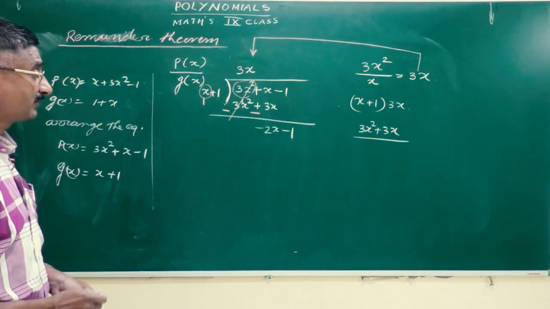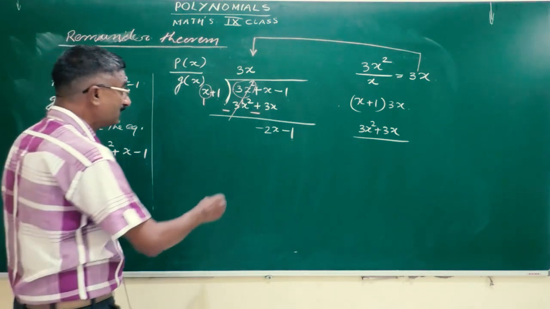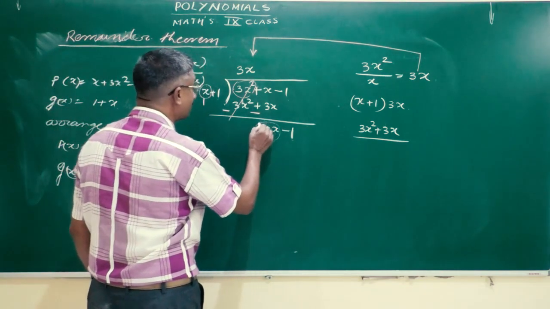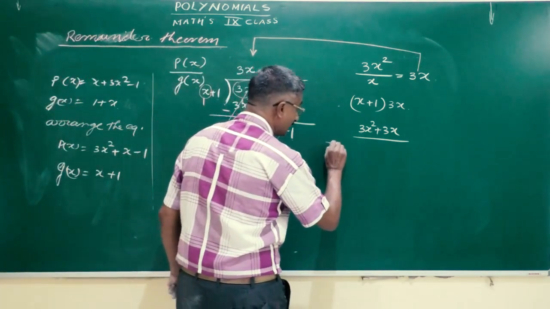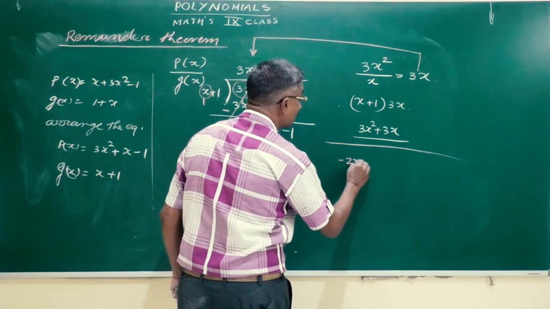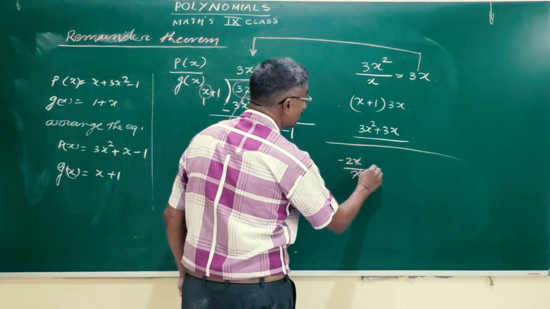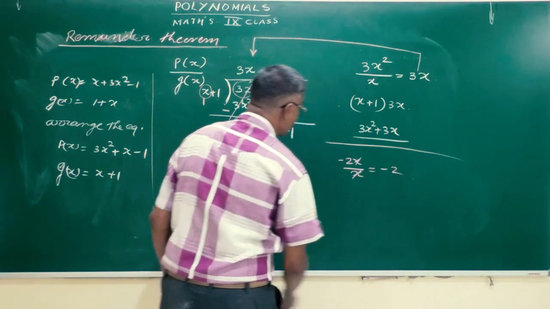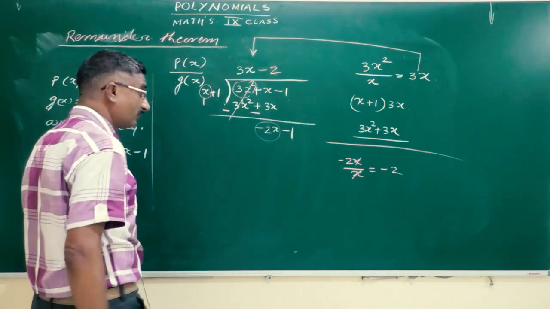Again I will repeat the same step: I will take the first term here, and the first term is minus 2x. So minus 2x upon x, x cancelled, is equal to minus 2. I will write here minus 2.